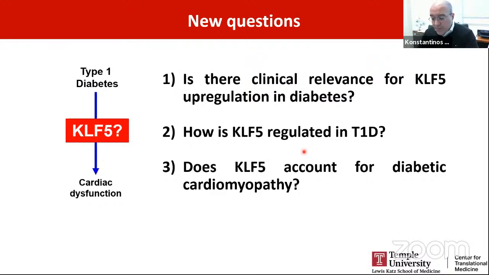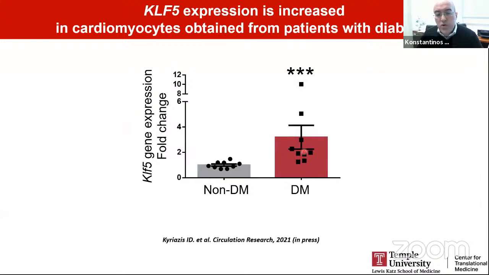Starting from the clinical relevance question, with the help of George Kararigas, who was at the Charité University in Germany at that time, and now is in Iceland, they measured for us KLF5 expression in isolated cardiomyocytes from patients with aortic stenosis that either had or did not have diabetes.